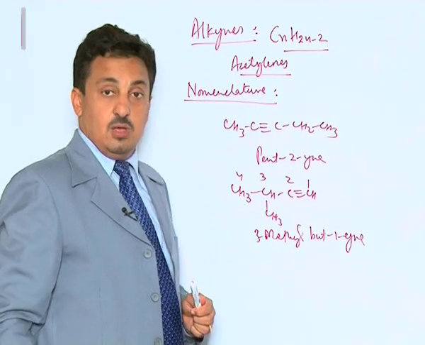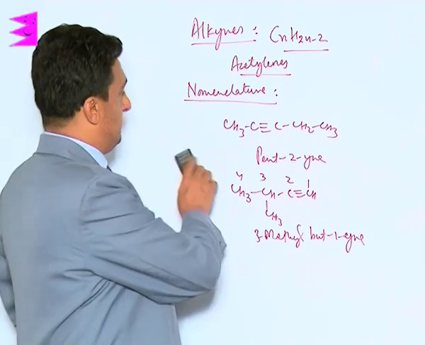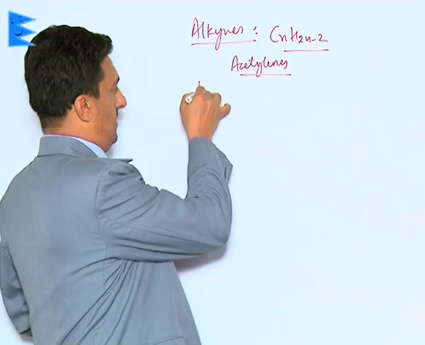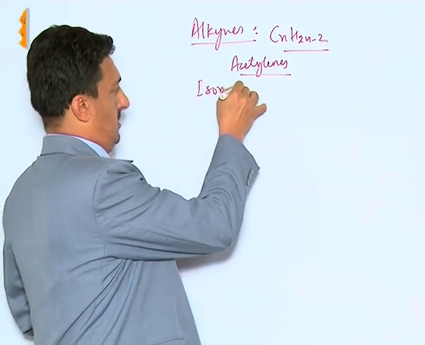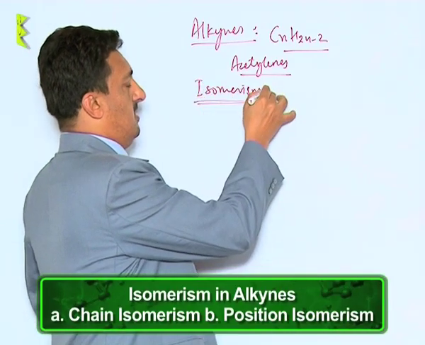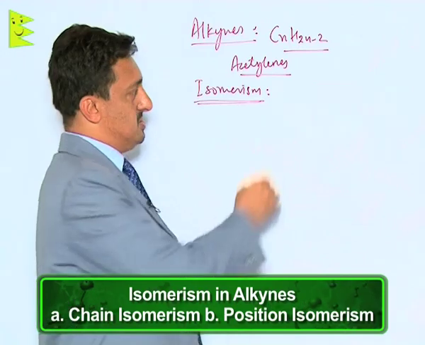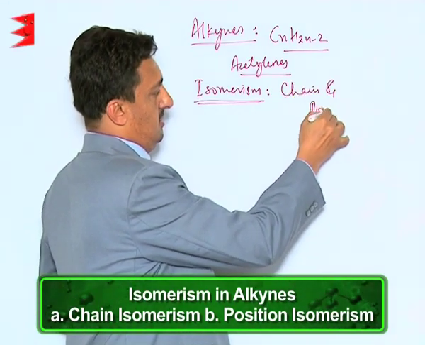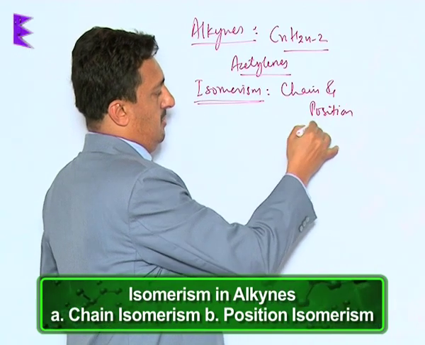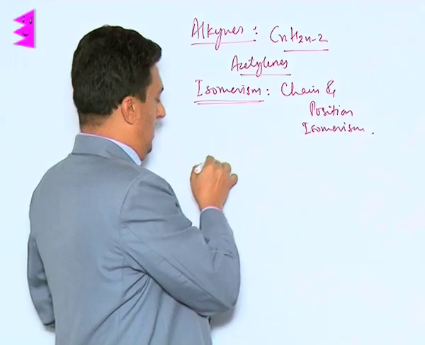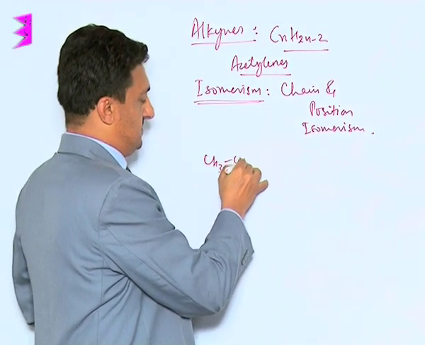Then let us see the isomerism shown by the alkynes. Now they show two types of isomerism, both chain and position isomerism. How we can see this one?